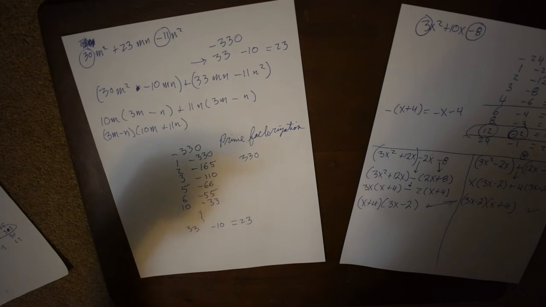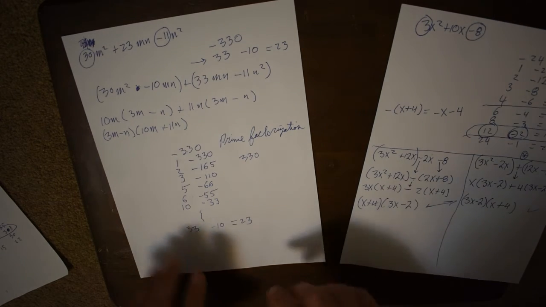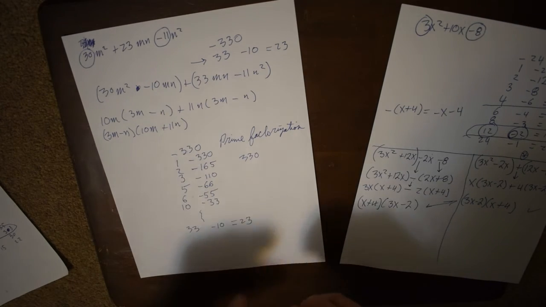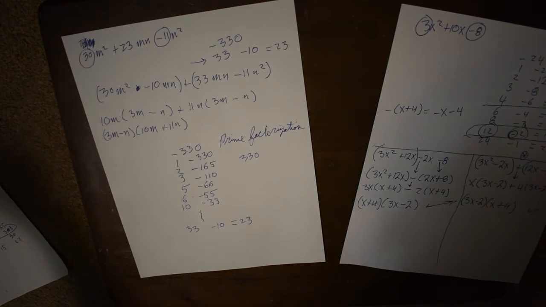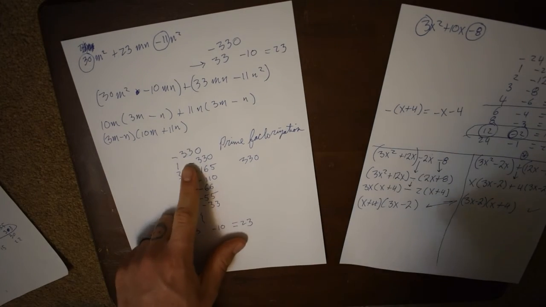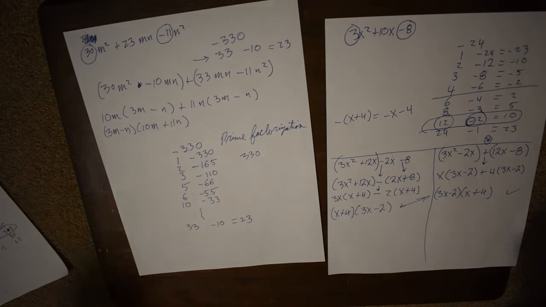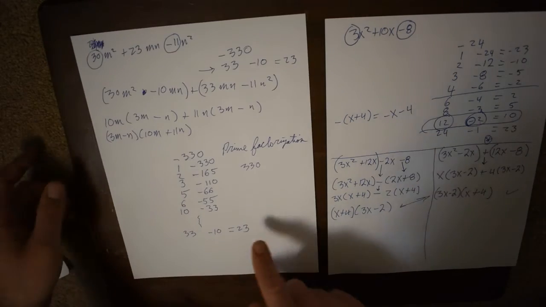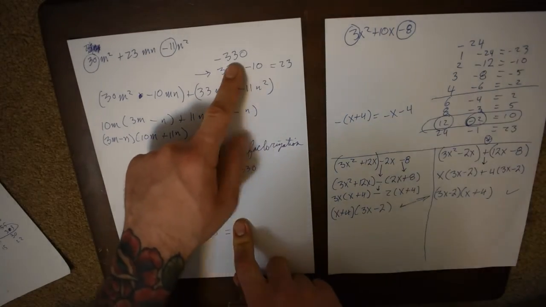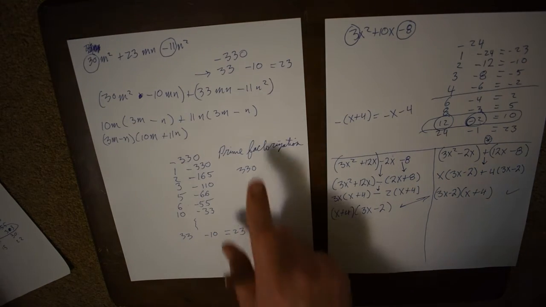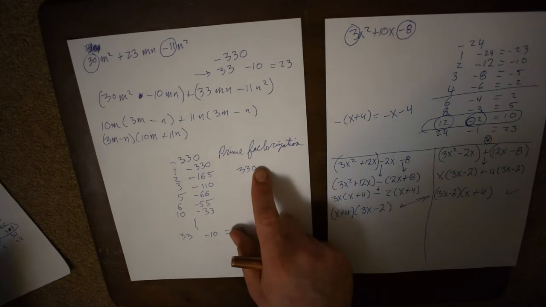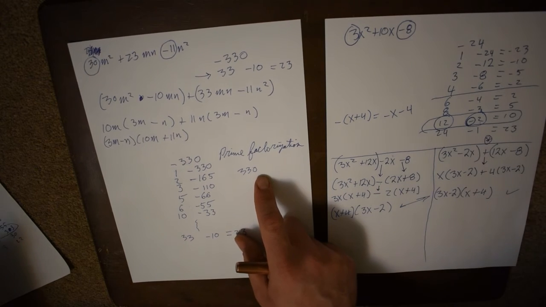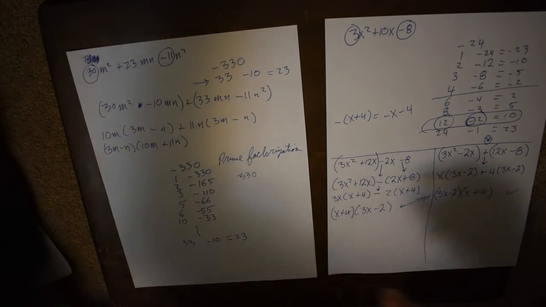You can test every number. You're only looking for the nice whole numbers that multiply together to equal negative 330. But the process is the same even if the numbers get a little bit bigger. Look up prime factorization. You guys can use a calculator. That might help you. But yeah, the process was largely the same.